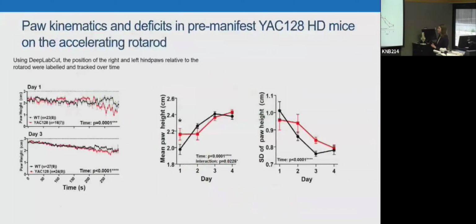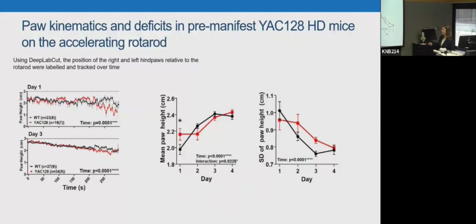So I explored this in the YAC128 mice, and this is all actually with the younger mice that didn't show any changes in latency to fall. And what I found is if you look at the paw height over a single trial on day 1, both of the mice slowly reduce their paw height over time, and especially at the end, the YAC128 have even lower paw height than the wild type mice.